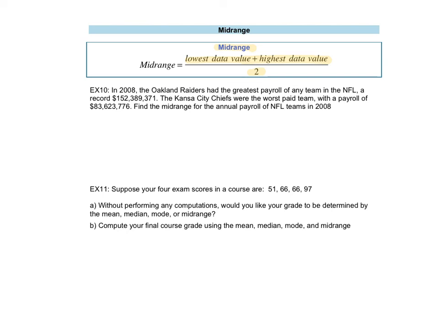The mid-range is what we sometimes use if we want to know, for example, if we were looking at the Warriors and wanted to know what the annual pay was, then we can compare it to the mid-range and see if we're above or below that mid-range.